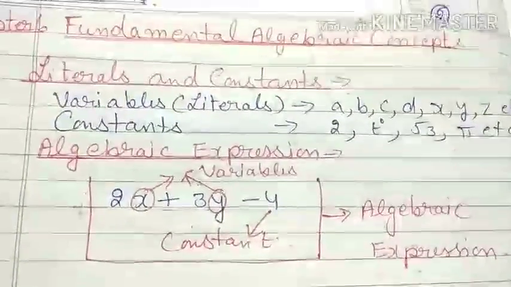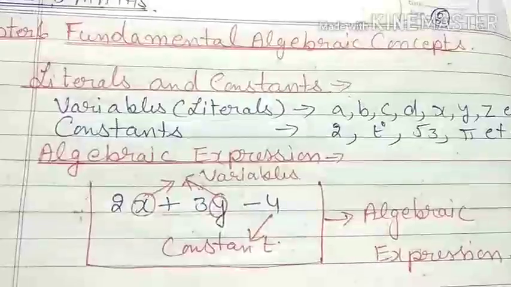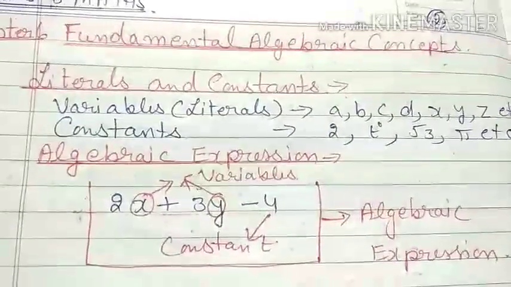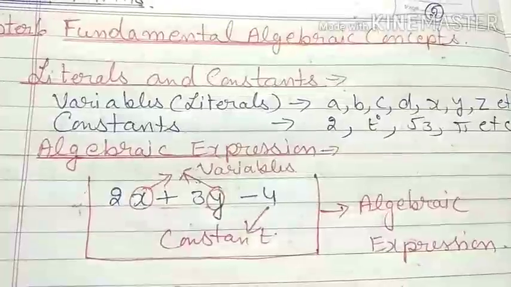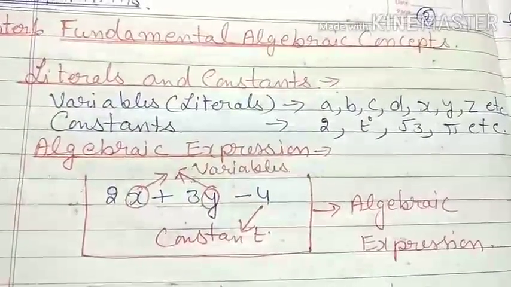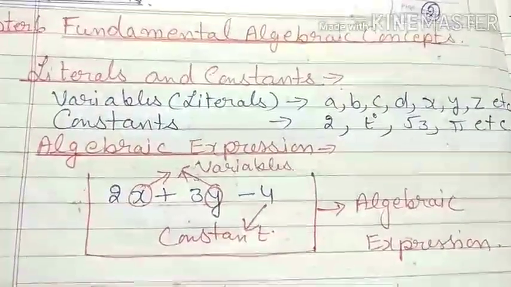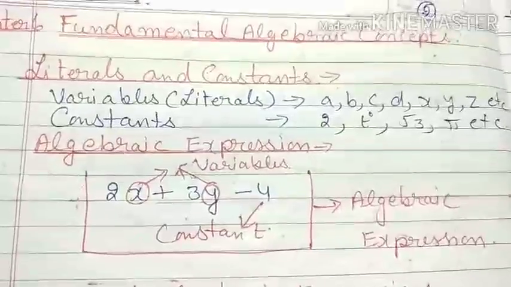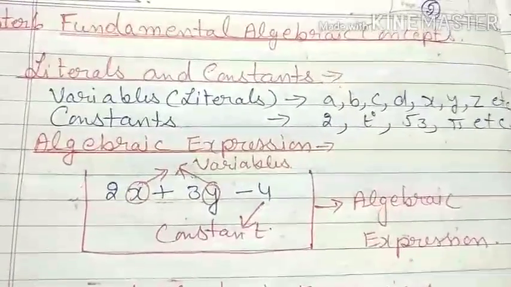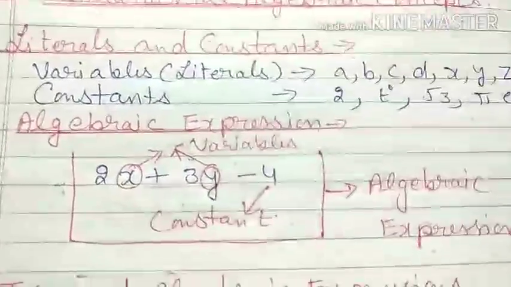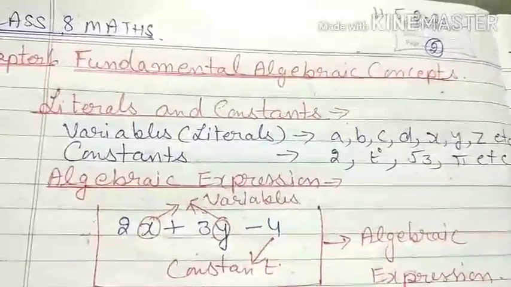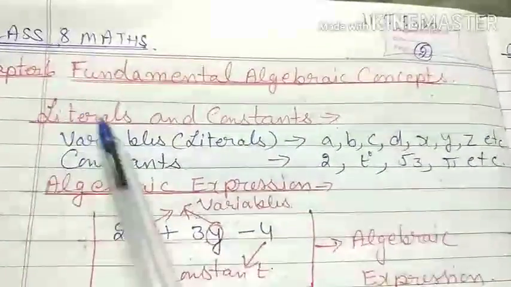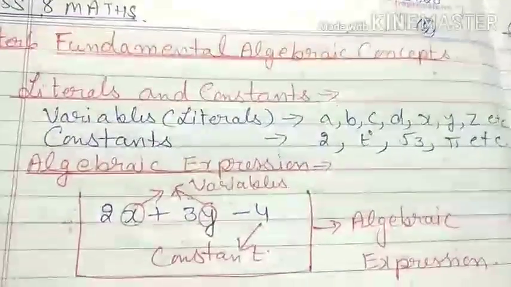So what we usually deal with in algebra are variables, numbers, expressions, factors, constant terms, coefficients, and polynomials. These terms are all parts of algebra. In the first topic, fundamental algebraic concepts, we have literals and constants.